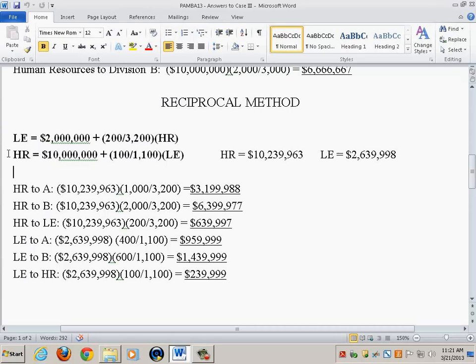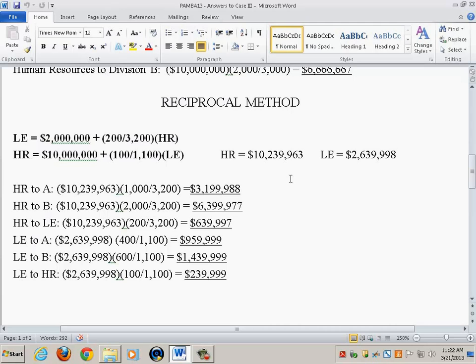Once you have the level of LE, you plug the numerical level into the second equation, and you get the numerical level of HR. If you do that, you get the solutions. In this case, HR is 10,239,963, and LE is 2,639,998.